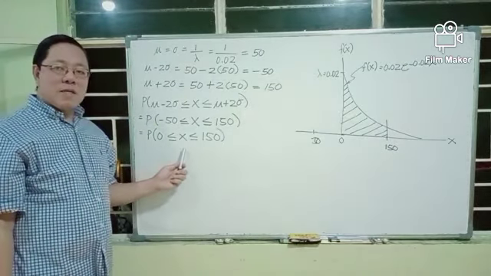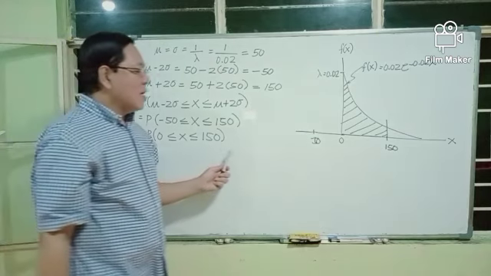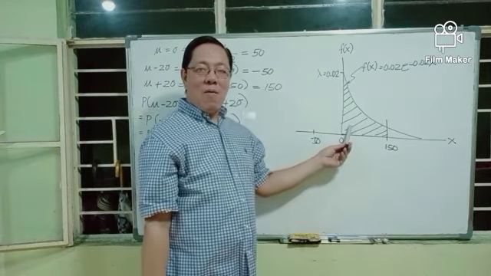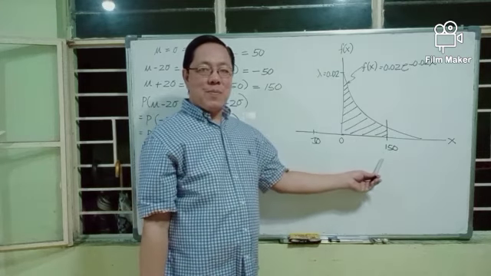And this probability is represented by the area of this shaded region. X is between 0 and 150.